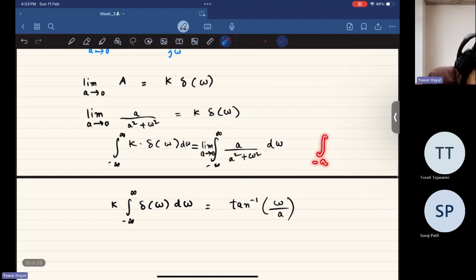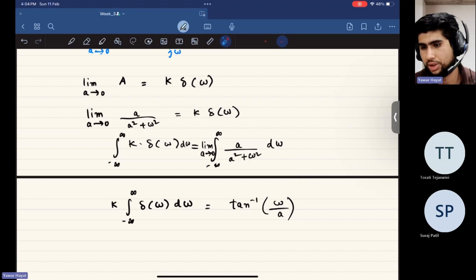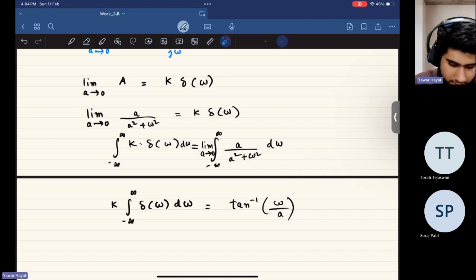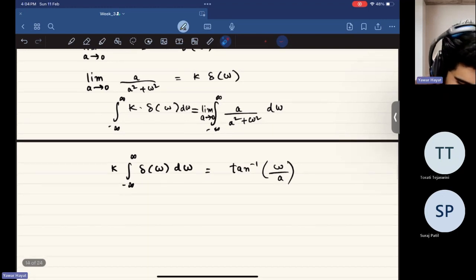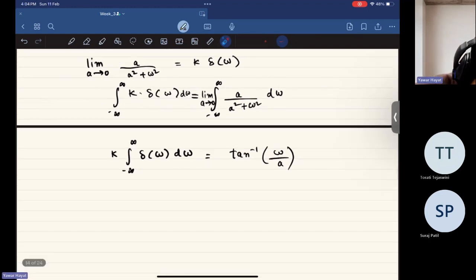This part is clear. Minus infinity to infinity, 1 by 1 plus x square. What is that? That is tan inverse of x. Similarly, you can arrive at this result using some substitution. Let's keep that homework as well. If not, you can let me know via mail and I'll address that.